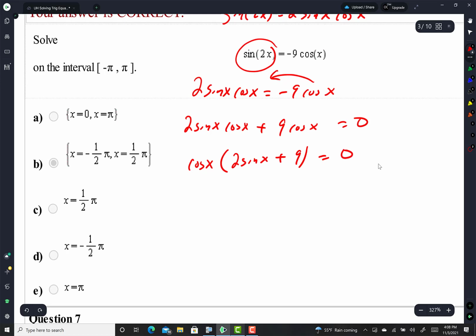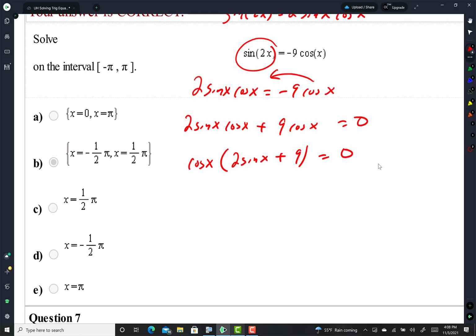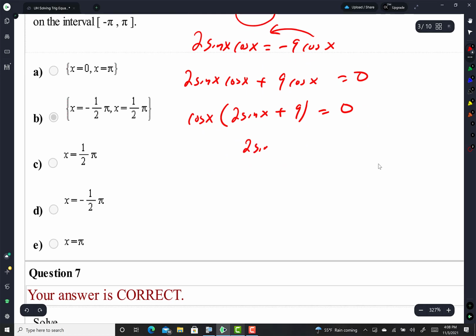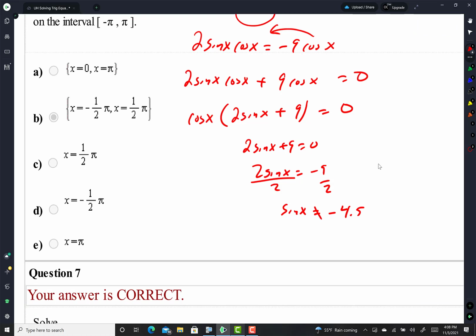Once I did that, now I'm going to set this expression on the inside equal to 0. 2 sine x plus 9 equals 0. 2 sine x equals negative 9. Divide by 2, divide by 2. Sine x will never equal negative 4.5. So take that one out of there. I guess we didn't even have to do that, but that's fine. But this one, it will happen. This one's true.